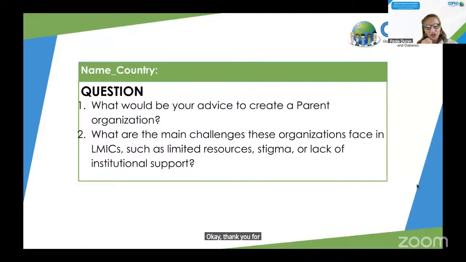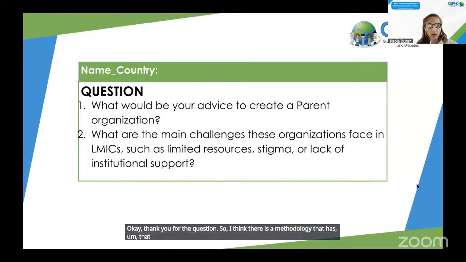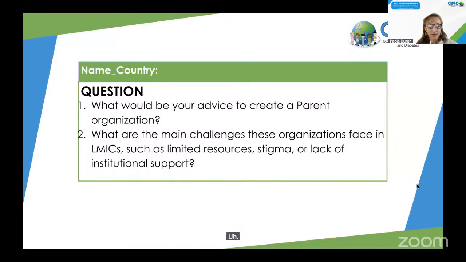Okay, thank you for the question. I think there is a methodology that has worked very well in many countries, the methodology CLAN has shared with us, to do the club meeting. You can get all the families together, and then you give them the health needs assessment, and you understand their needs, and also you encourage them to make the community and to do that organization.